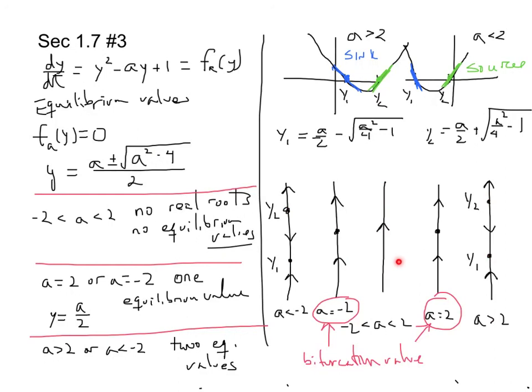And when a is just a little less than 2, I have no equilibrium values, and my function is always increasing. And so here are my phase lines, and here's my identification of my two bifurcation values in this problem.